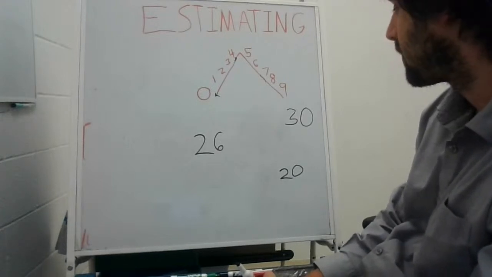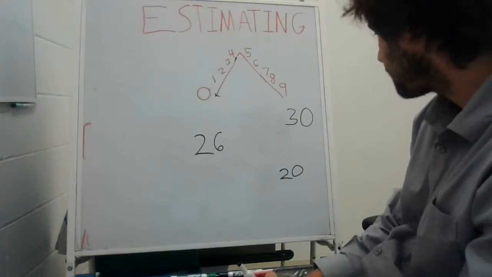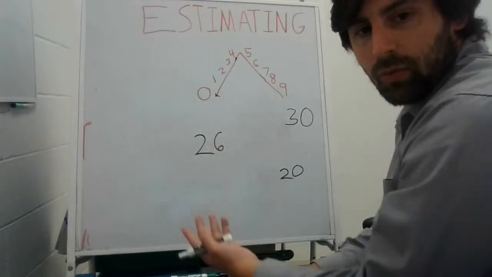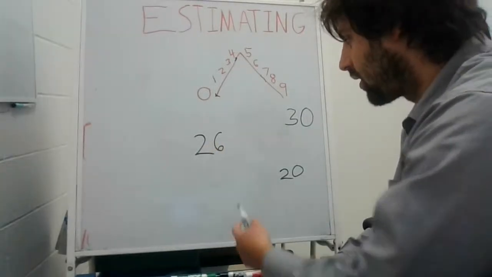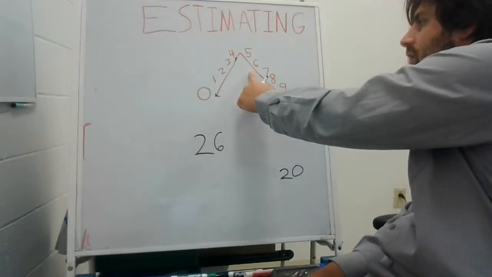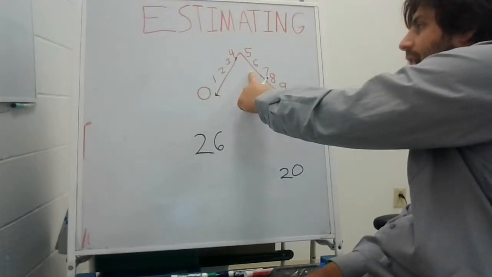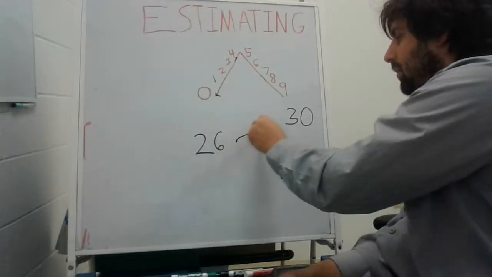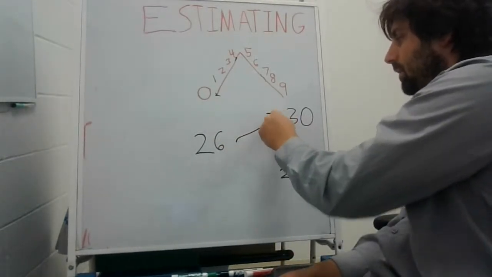So the question is, do we round up to 30 or do we round down to 20? Looking at the digit, we remember the rule. The rule is always 5 or more, we raise the score. 6 is more than 5. So 6, we would round up. We would round up to 30.